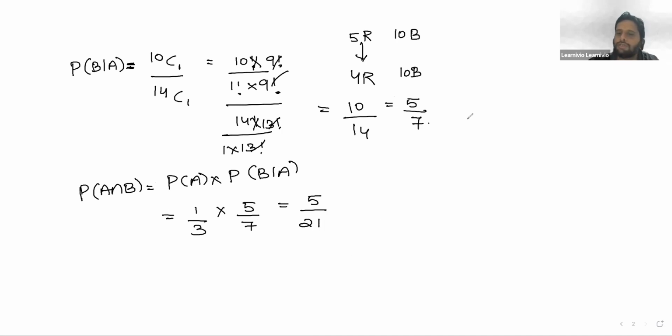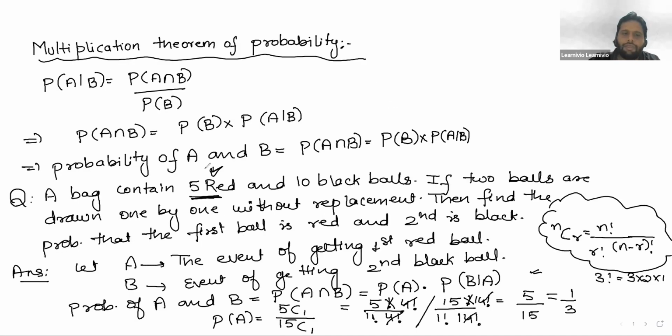This is the multiplication theorem of probability. Now we have this formula: P of A intersection B is equal to PB into PA by B, where I have considered that B has already occurred. The same formula can be expanded up to 3 events also, that I will tell you later on. So please note down this heading and this formula.